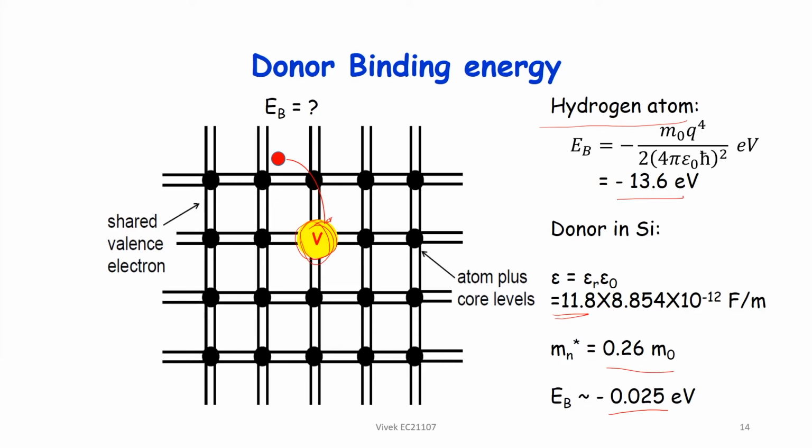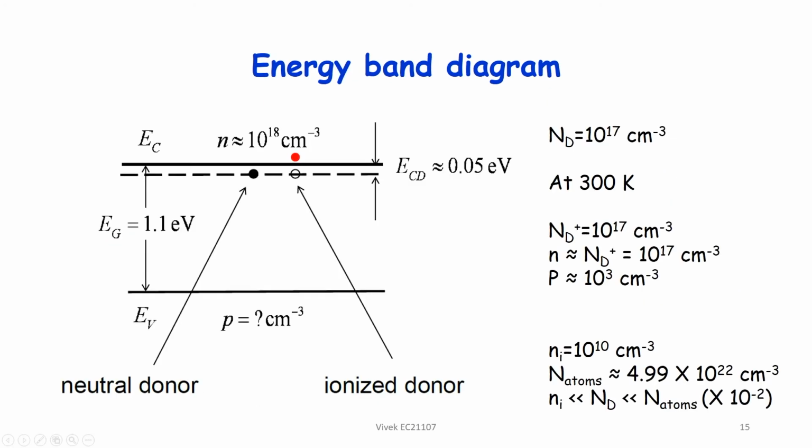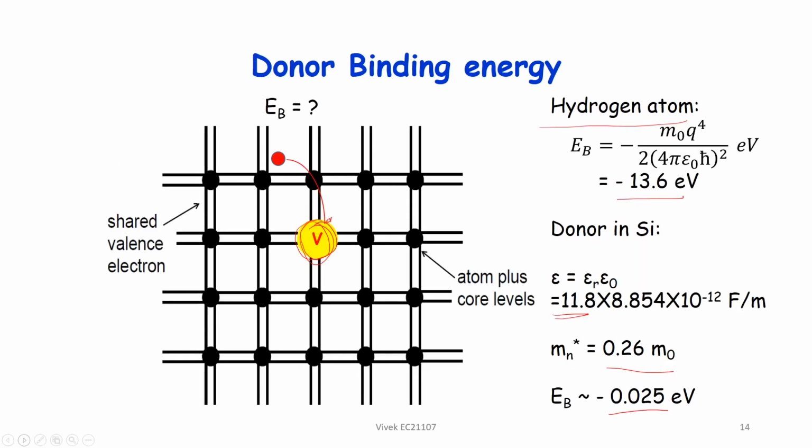One is the density of state effective mass, DOS, and another is the conductivity effective mass. These two terms we will discuss when we discuss the band structure. For now we can take this value 0.26 m naught, and that gives around 0.025, which is not the exact value, but gives us an indication of the binding energy of the extra electron.